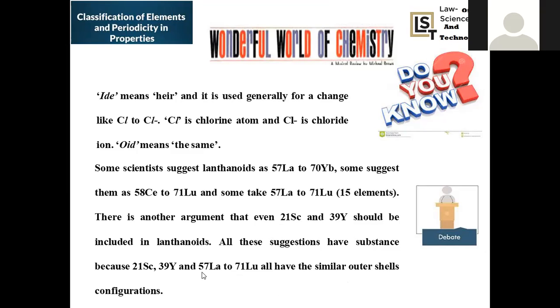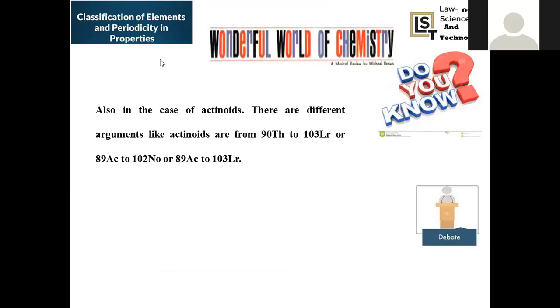That's the reason why they are arguing to recontribute the elements in the modern periodic table too. Also, in the case of actinides, there are different arguments like thorium to lawrencium, actinium to nobelium, actinium to lawrencium. Such modification they are expecting.